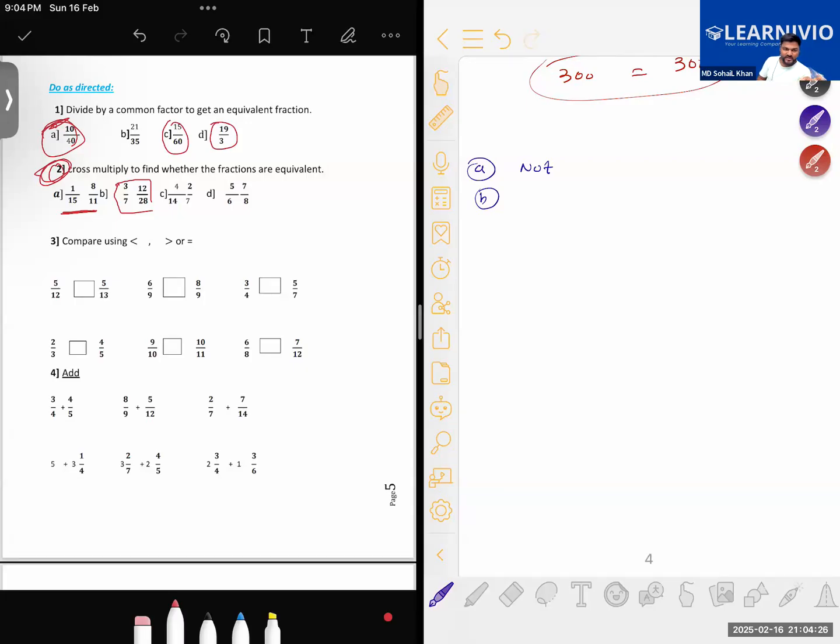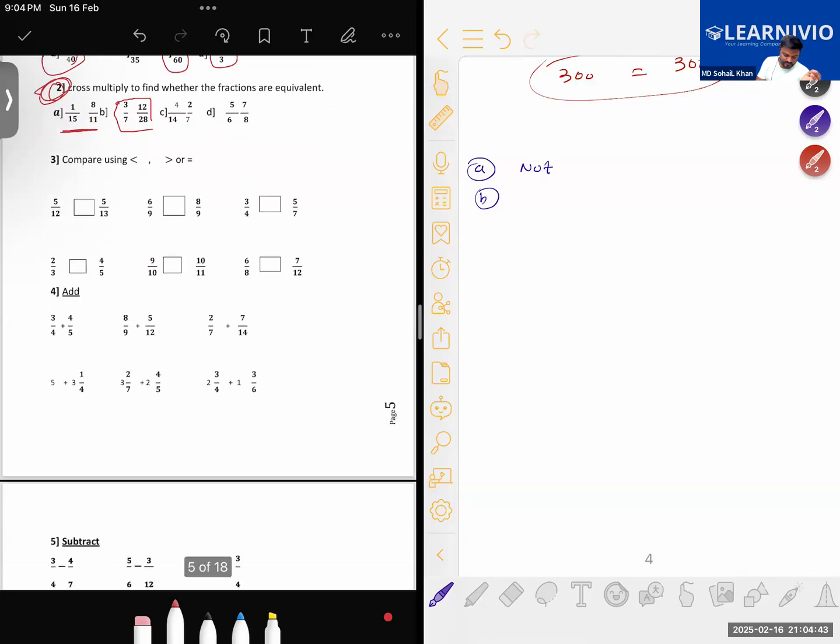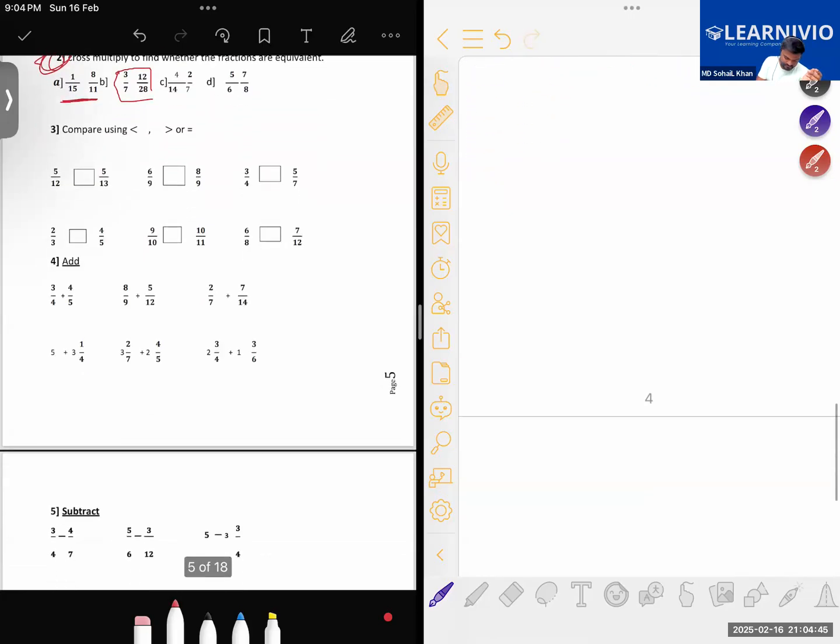Good. Both sides are 84. Next. Yes, it is. And this D one? No, because you're getting 40 and 42, right? Okay. Now do the third question.